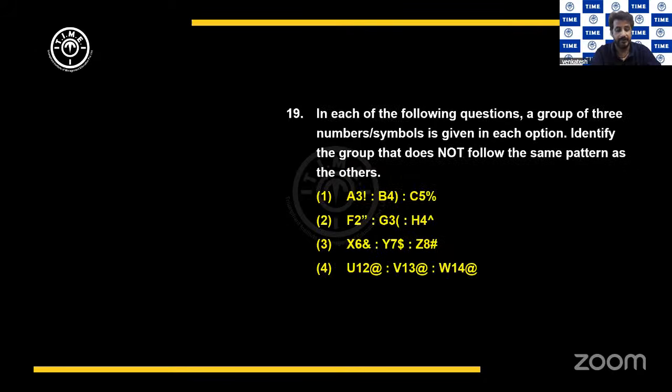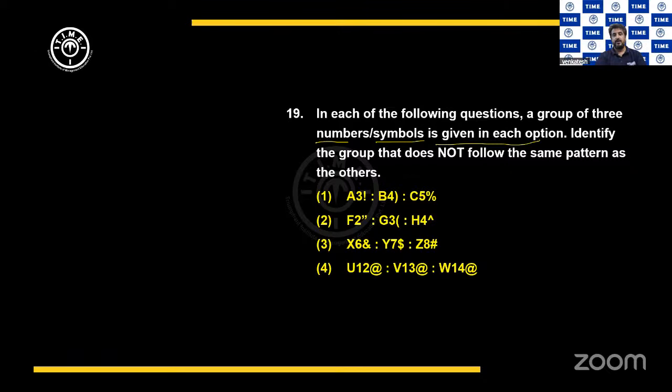Right. The 19th one. In each of the following questions, a group of three numbers or symbols is given in each option. Identify the group that does not follow the same pattern as the others.